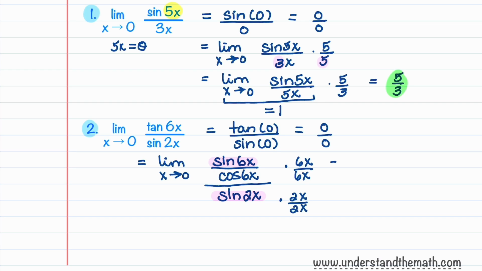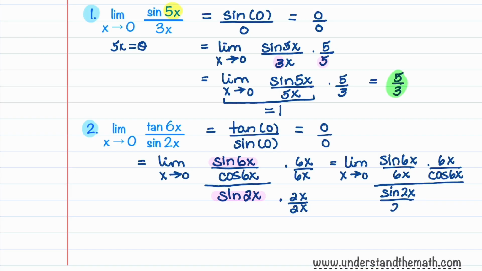Let's see what this gives us. This gives us the limit as x goes to 0, sine 6x over 6x times 6x all divided by cosine 6x. We're just changing around terms. And then in our denominator, we have sine 2x divided by 2x times 2x. This limit is going to go to 1, and this limit is going to go to 1.